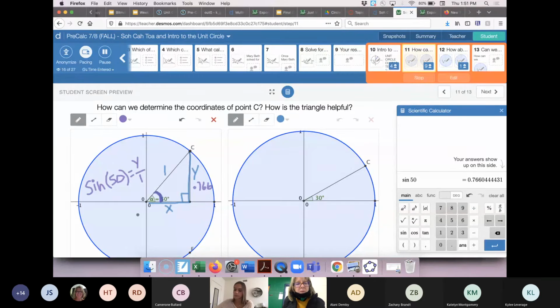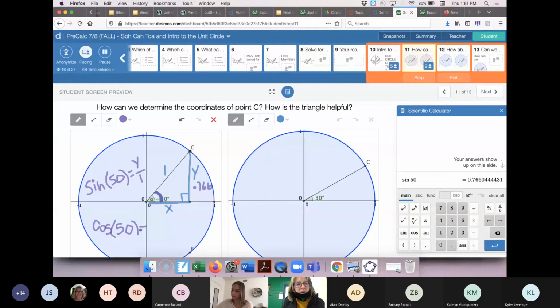What if I wanted to find x? So x is adjacent to this angle, so we could use cosine. And that's why we spent 2 days reviewing, because the relationship between sine and cosine matters. Tangent will come in too, but not as much as sine and cosine.